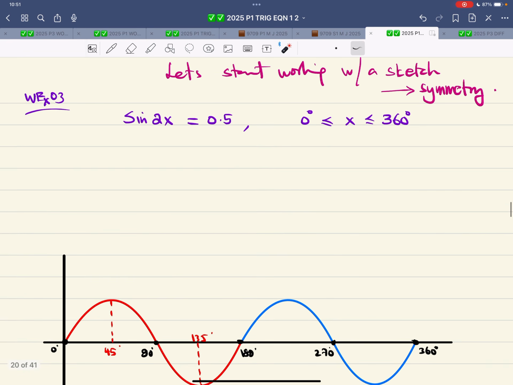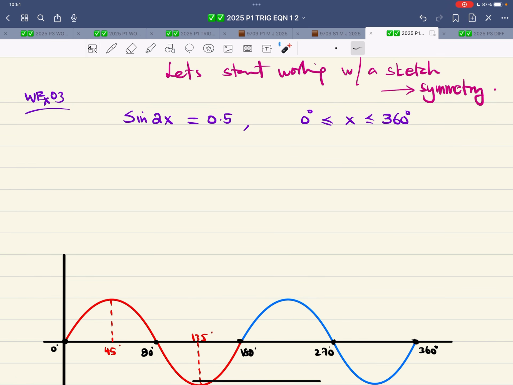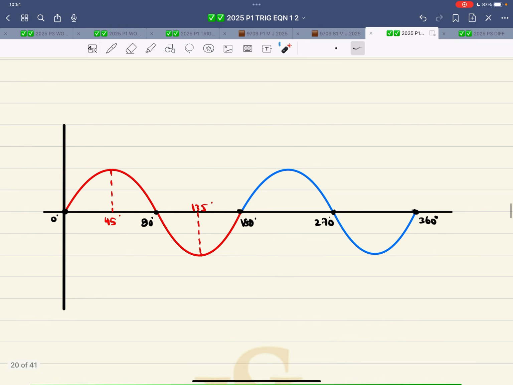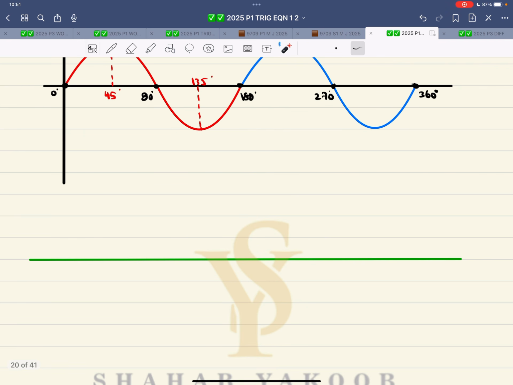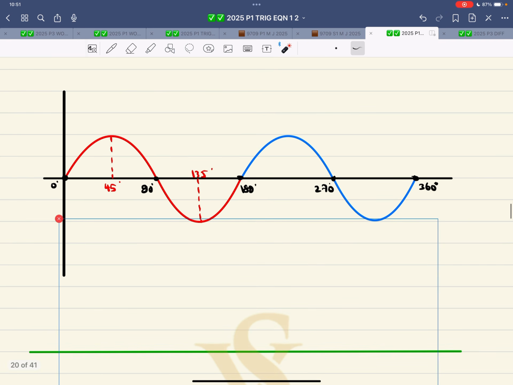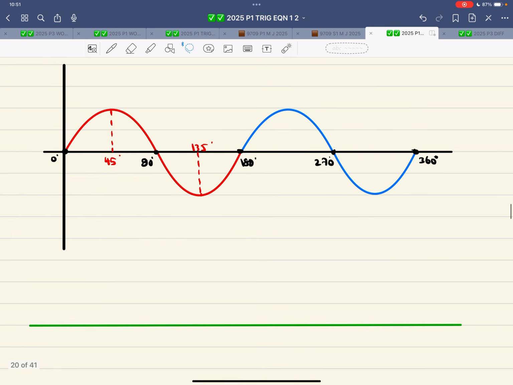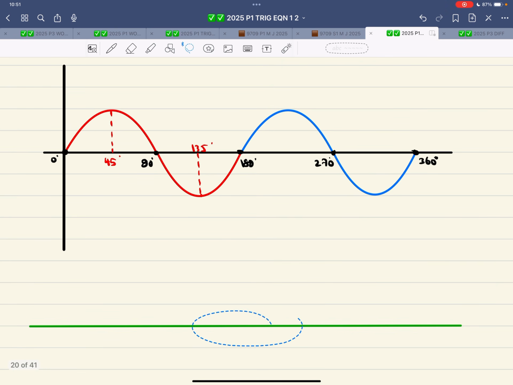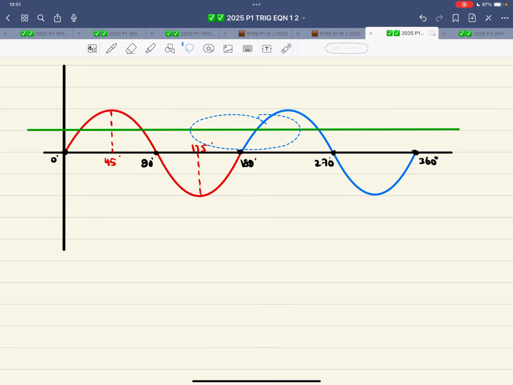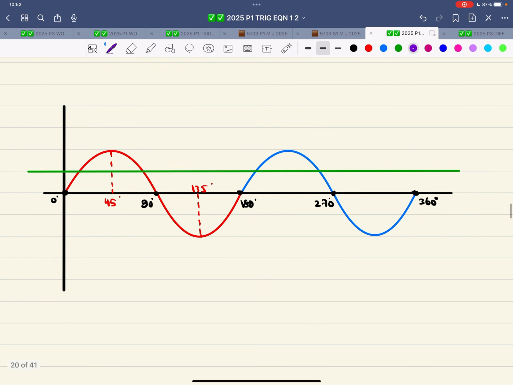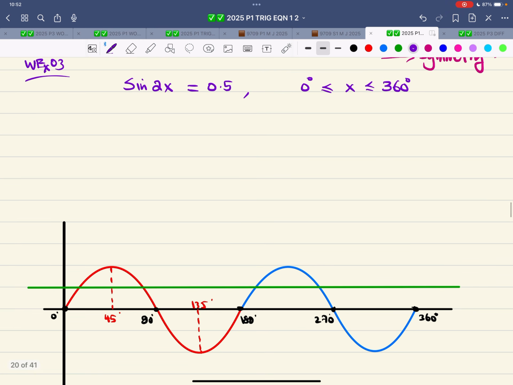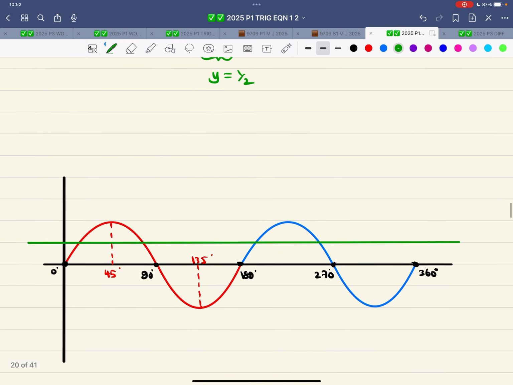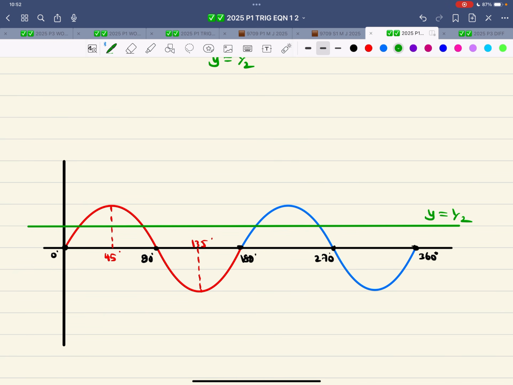Now let's apply the same knowledge. Let me take this green line and let me just remove this. Let me take the green line and place it over here. Okay. So now, when I talk about this green line, I am drawing y equals to half.